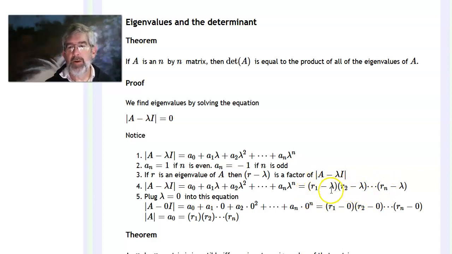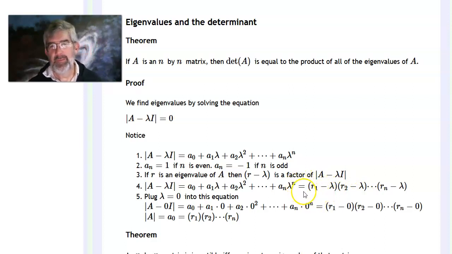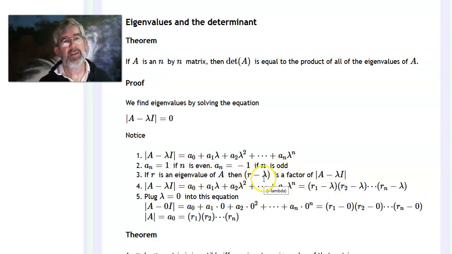I know that they're all minus 1s because each of these r minus lambdas has to be a factor, and there isn't any extra factor. Sometimes you can say r minus lambda is a factor, but then you have to multiply by 3 in the end because the coefficient in front of the highest power, the nth power of lambda, is not 1 or minus 1.